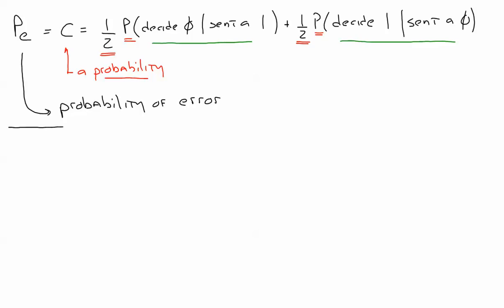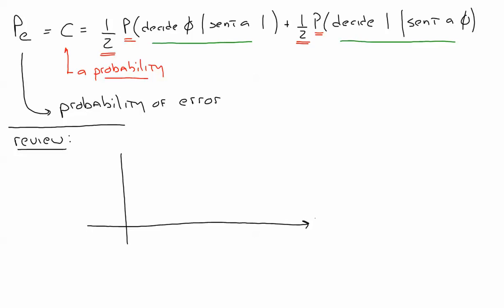So let's pause for just a second and do a short review. Remember this. If I have a random variable x that is a Gaussian, x is a Gaussian random variable.